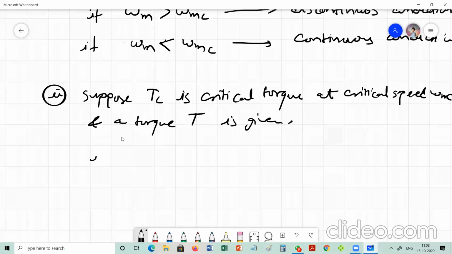In that case, if T is greater than Tc, the torque is greater than critical torque, this is reversed here, look, then it is continuous conduction.